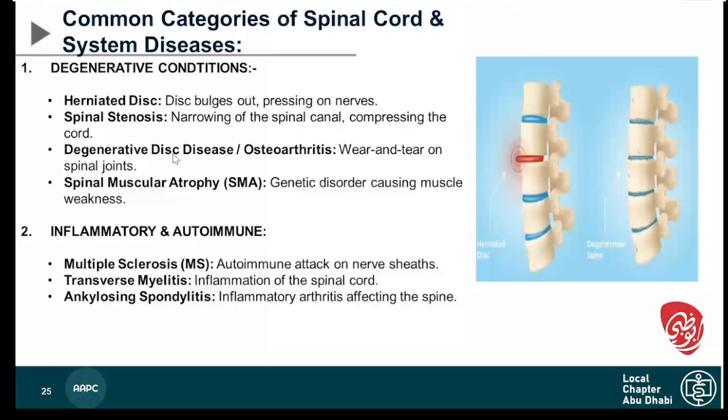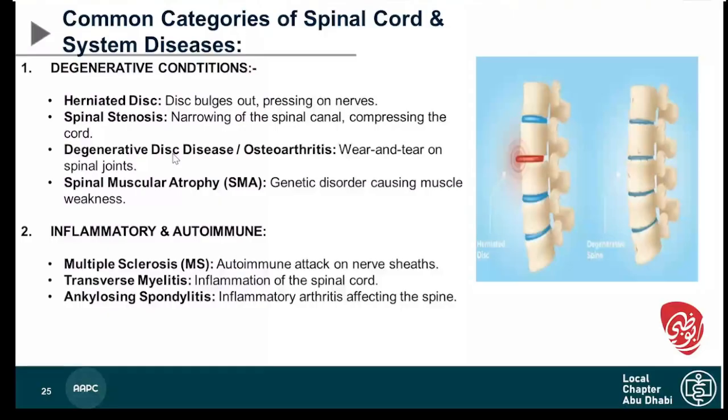Our body recognizes our cells or our organs as foreign, and it will attack them. So multiple sclerosis is an autoimmune disease, and it attacks our nerve sheath and destroys them. And this leads to a big impact on the overall quality of life of a patient.